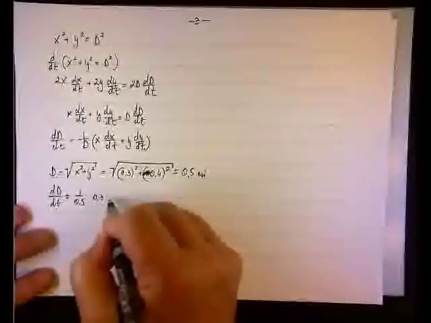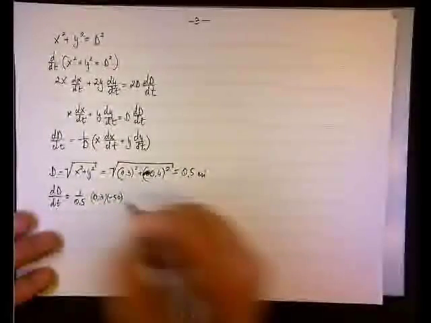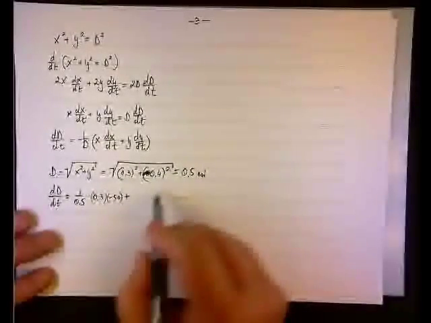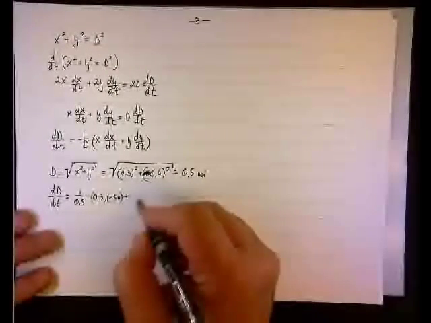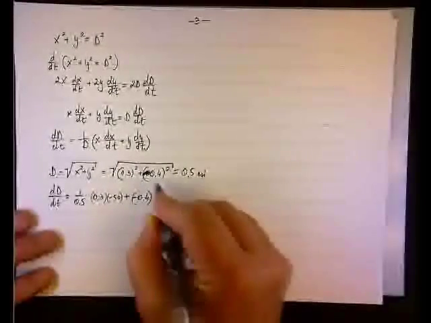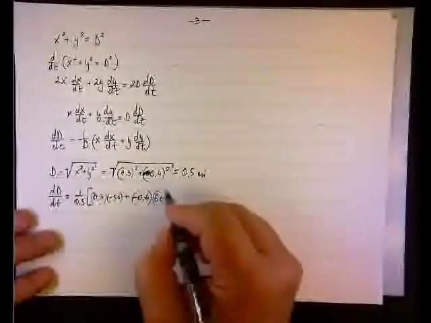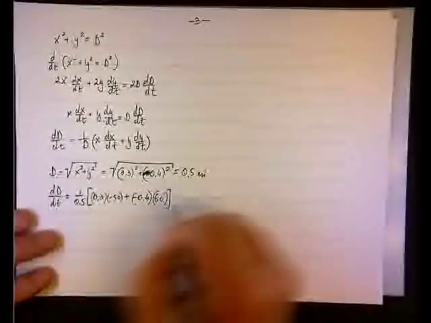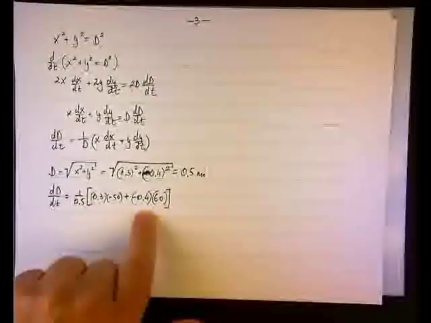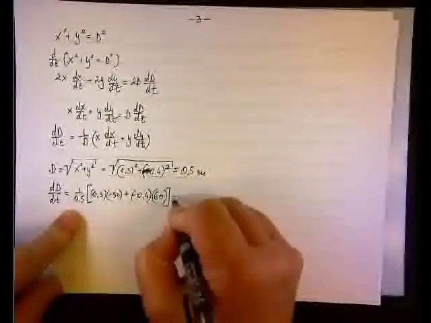Well, that will be negative 50, if you remember, because we're heading west and east is the positive direction, plus y, which is negative 0.4, times dy dt, which is positive 60, and let's calculate. So we have negative 15 and negative 24. So that would be negative 39 times 2, that would be negative 78.